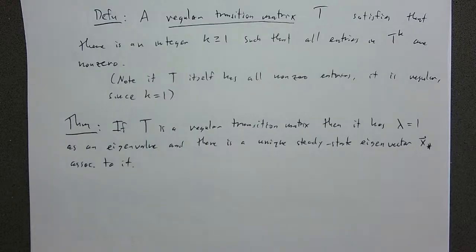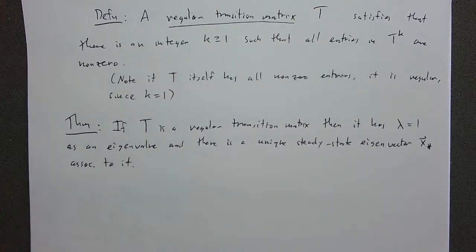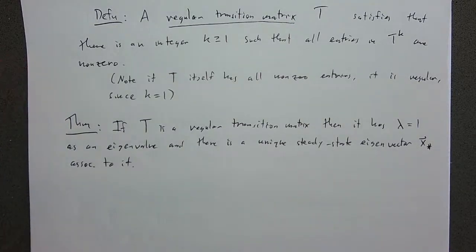But notice that we're not claiming that it's a unique eigenvector, it's a unique steady state eigenvector, which has the additional requirement that the sum of its entries is 1. So it is not unique as an eigenvector for this eigenvalue, but it is unique as a steady state eigenvector. It's the only one whose entries sum to 1.